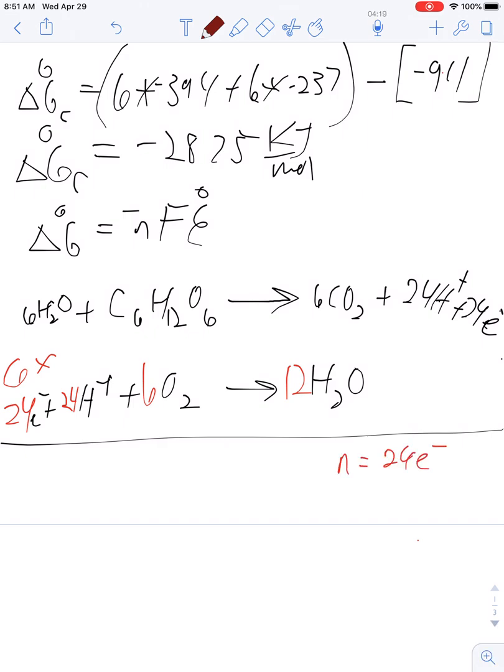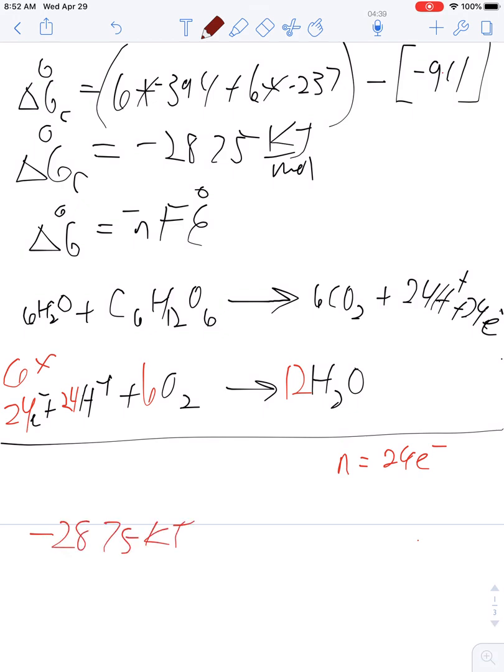So then we go back to our equation up top. Negative 24. Oops, sorry. We're not solving for delta G. We have delta G. So negative 2875.